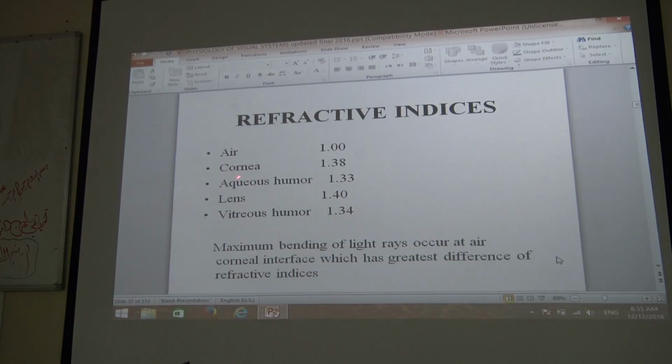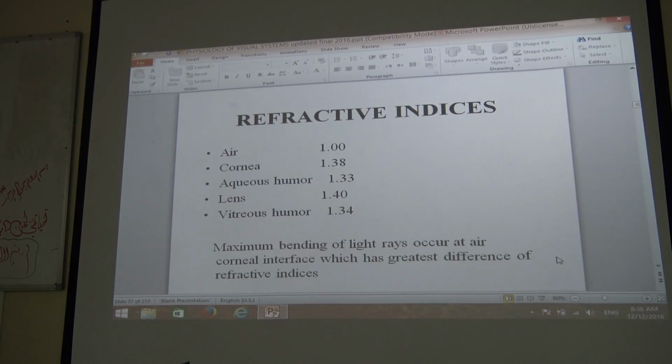For the cornea, aqueous, lens, and vitreous, the refractive index is almost the same, so there is minimal refraction. We consider the refraction between the air and the cornea as the refraction of the optical system, because there is a big difference between the refractive index of air and that of the cornea.